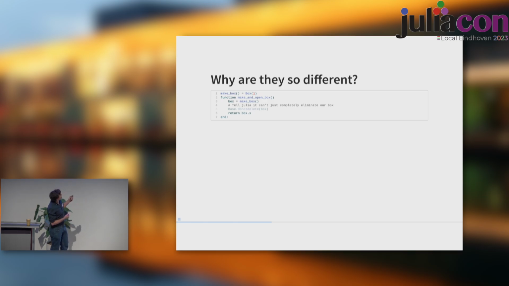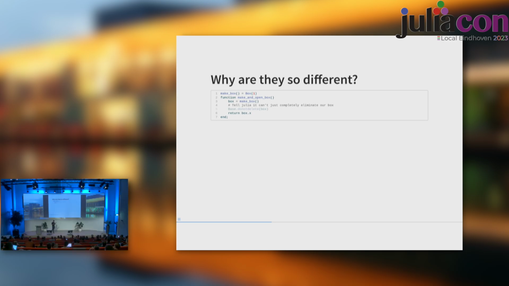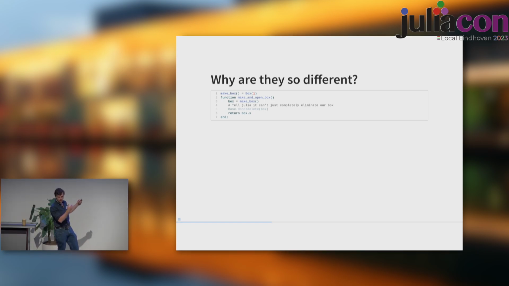From the point of view of makeAndOpenBox, this is one of those consumers. makeAndOpenBox creates a box, but then no one else is able to see or access this box once the function continues. And so it's able to use this finite, statically known lifetime of this box to perform optimizations that make this thing faster than just the sum of its parts.